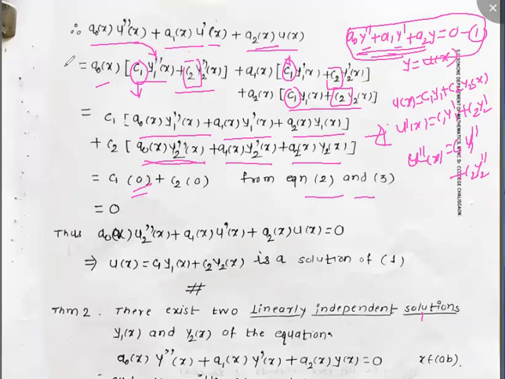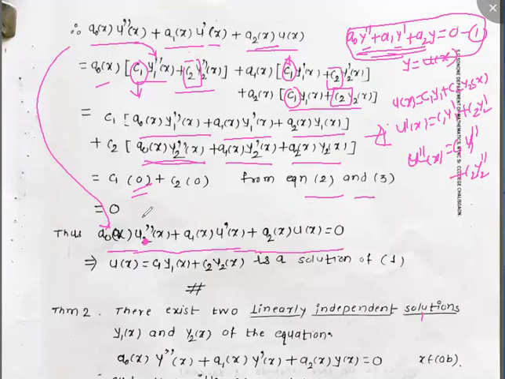So that means the left hand side, a0(x) times the second derivative of u, plus a1(x) times the first derivative of u, plus a2(x) u(x), is 0.